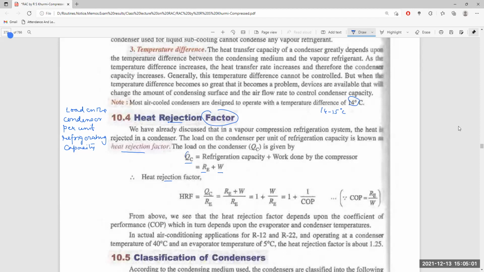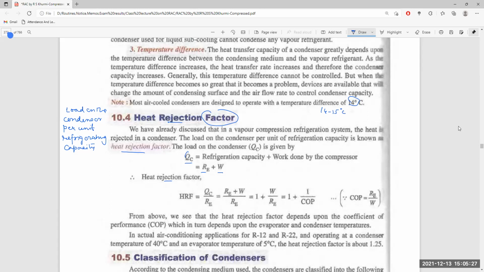That's RE plus W, divided by RE, which is 1 plus W by RE, which is 1 plus 1 by COP, where COP, the coefficient of performance, is the refrigerating effect divided by the work done. So we see that the heat rejection factor is 1 plus 1 by COP.